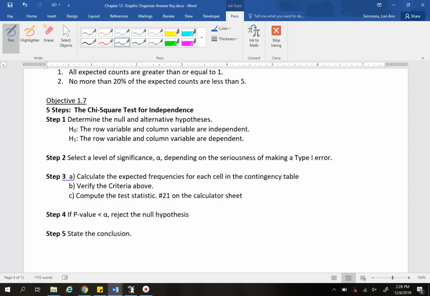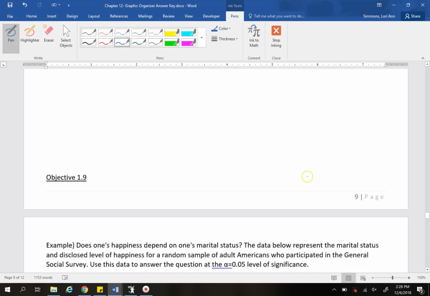Step 3, calculate the expected frequencies for each cell in the contingency table. We just did that. Verify the criteria above. We just did that. And then compute the test statistic, number 21 on the calculator sheet. We did do that, we just didn't look at the p-value, so we'd have to just retype it in. And then if the p-value is less than alpha, reject the null hypothesis, and then state the conclusion.